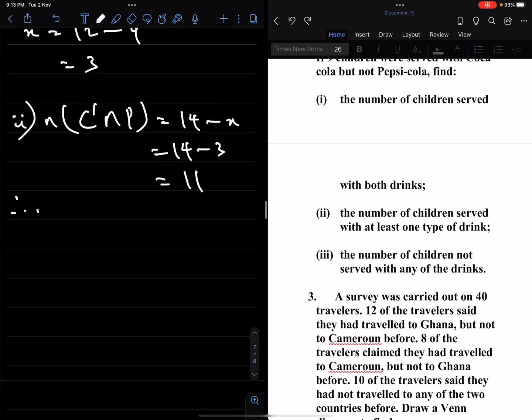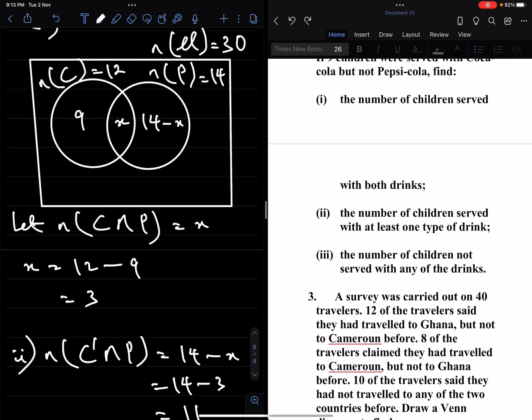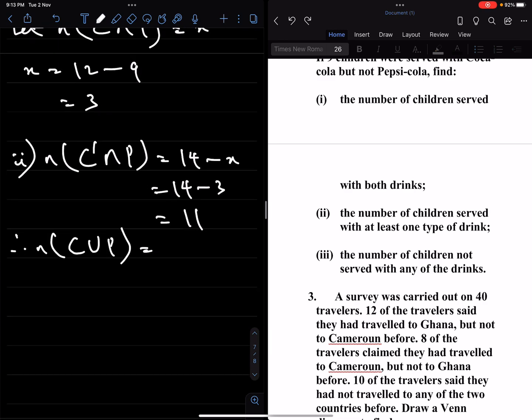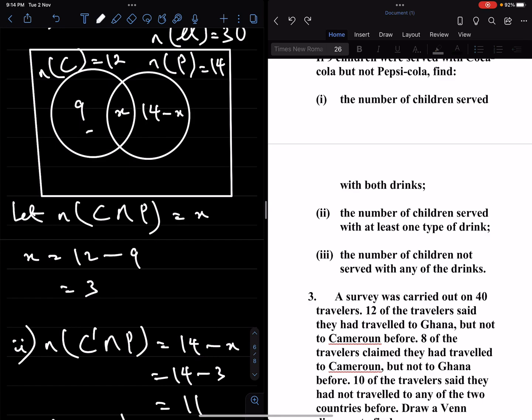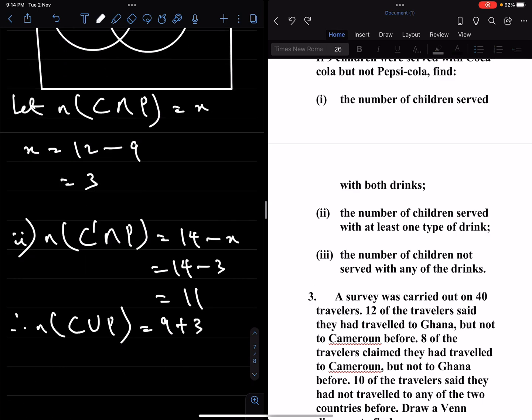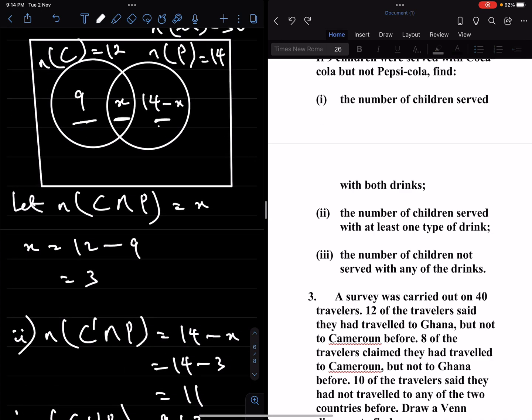So I can now find the total number of children served with any one of the drinks. No, the number of children served with at least one type of drink, which is going to be 9 plus X plus 14 minus X, and that means 9 plus 3 plus 11. 9 for those served with only Coke, X which is 3 for those served with Coke and Pepsi, and 14 minus X which is 11 for those served with only Pepsi.